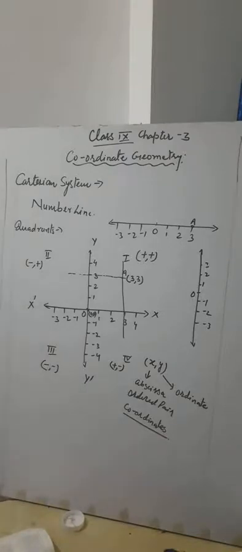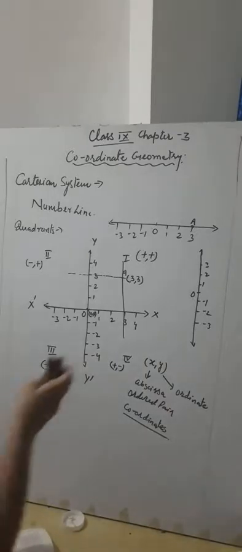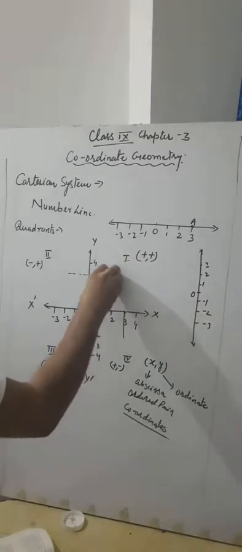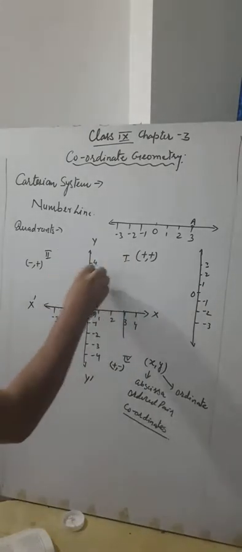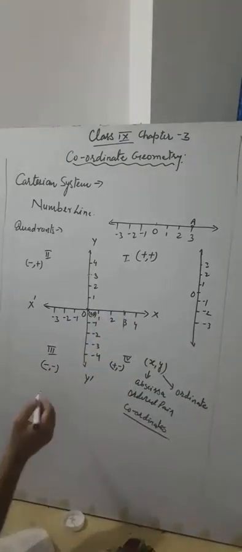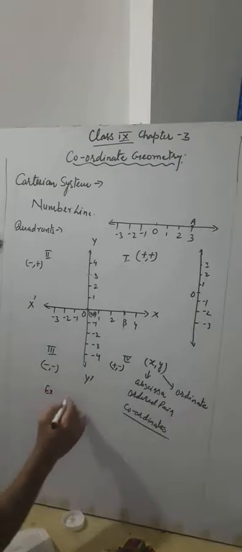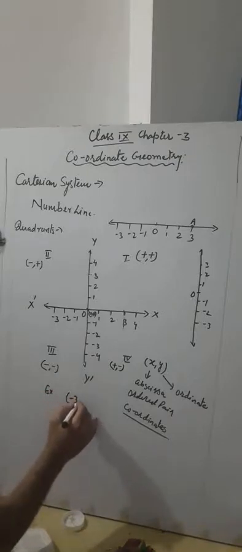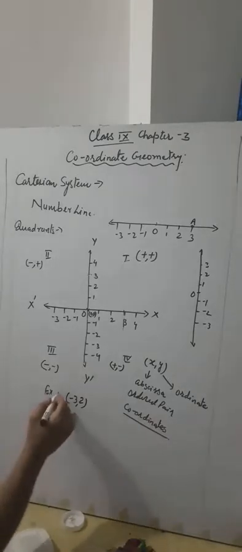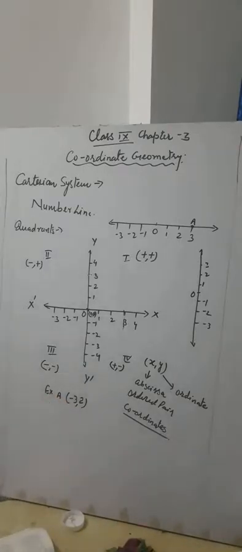Again, suppose that you have to draw a point which is given. Suppose that -3, 2. You have to represent -3, 2 on the Cartesian system, Cartesian plane.